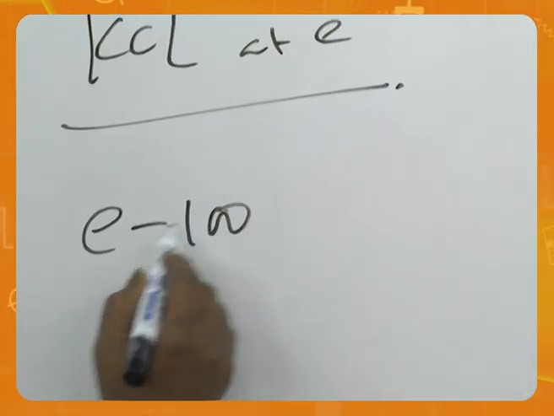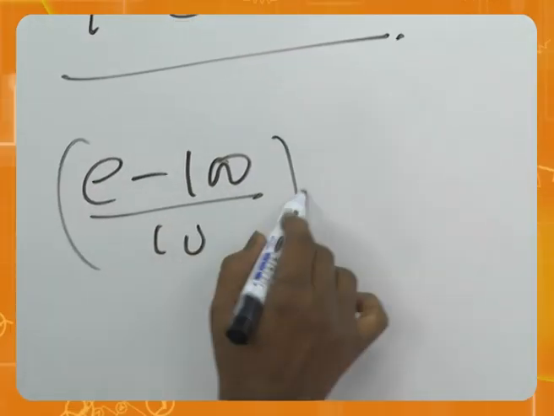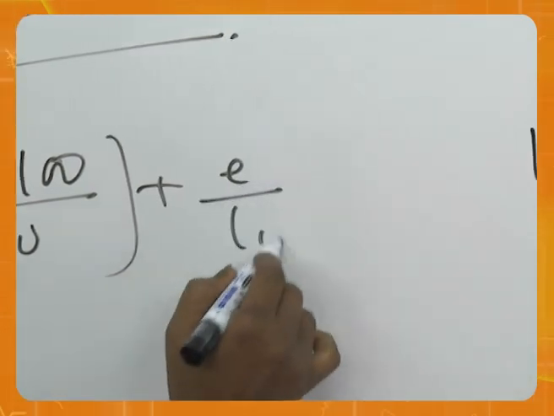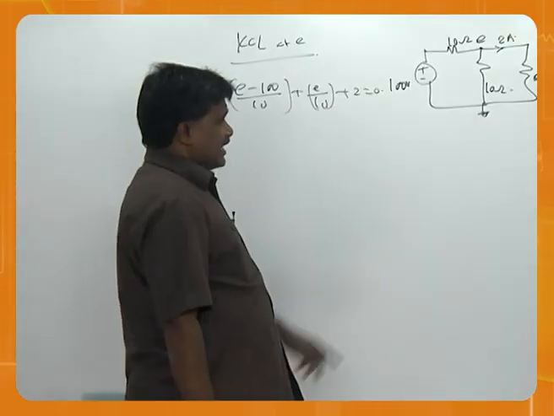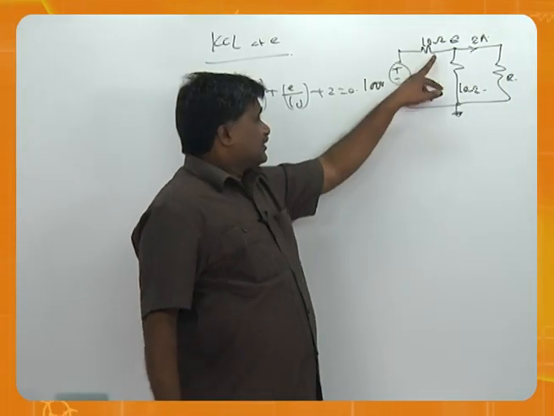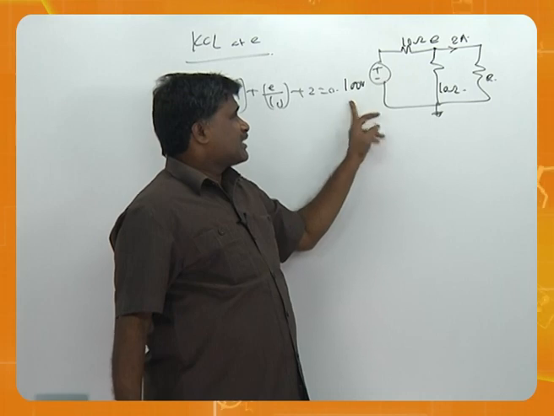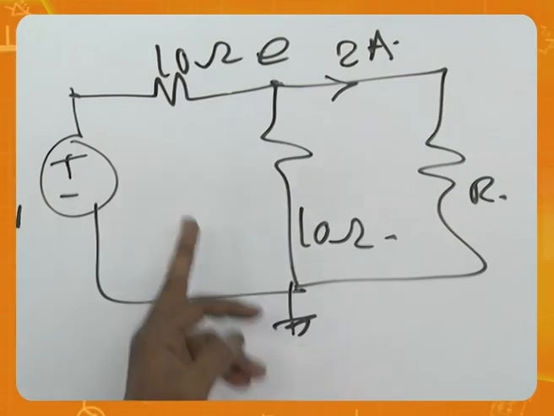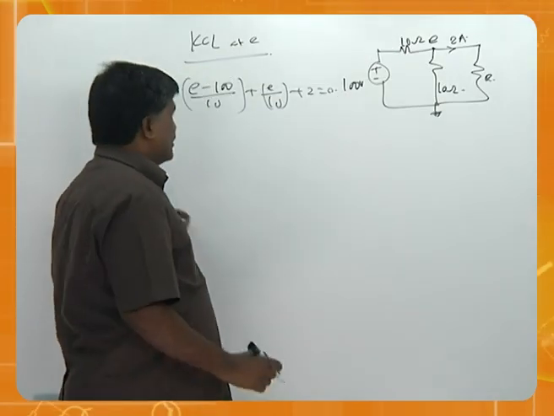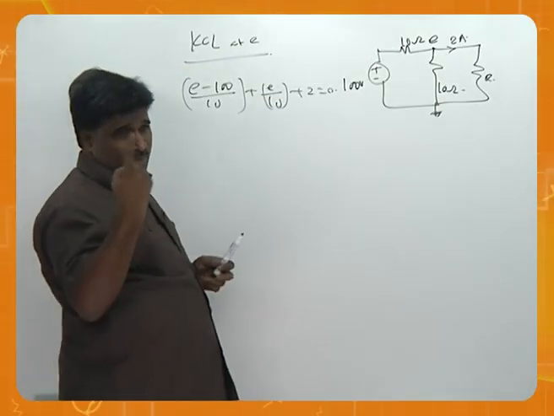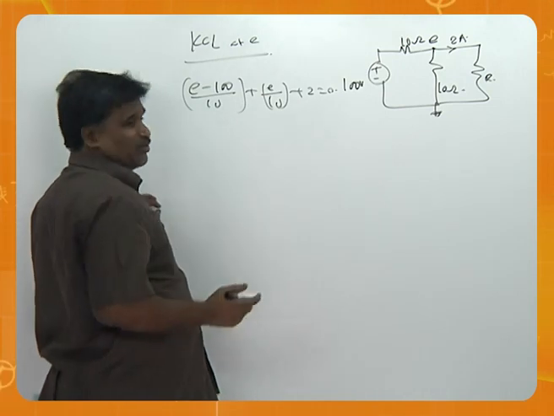E minus 100 by 10 plus E by 10 plus 2 is equal to 0. As I said, all currents are leaving. This current is leaving, so E minus 100 by 10, E minus 0 by 10, is equal to plus 2, because this is already leaving. Because in every equation, there should be one unknown. In this equation, the only unknown is here.